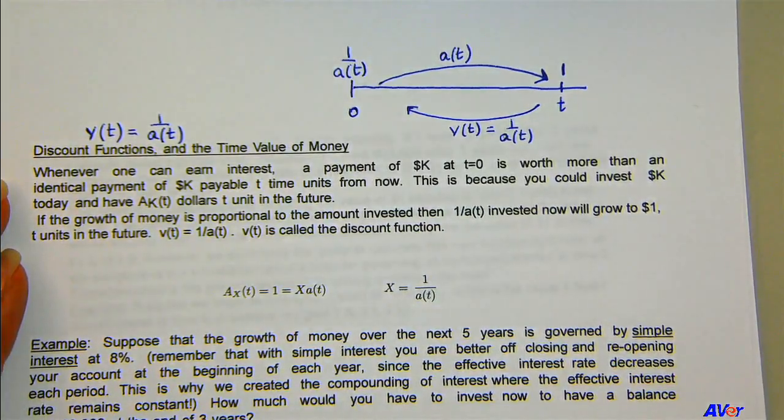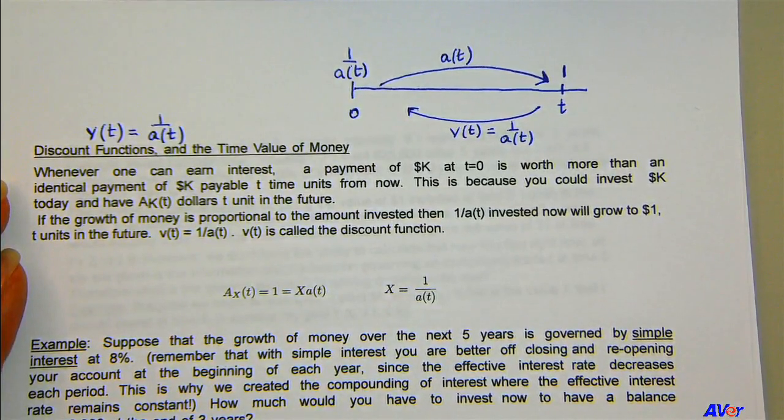Follow me? What that allows you to do is take $1 at time t, and when you multiply that dollar by v of t, it will tell you what that is worth today. So it's the opposite process of a of t. A of t takes $1 now and tells you what it has grown to at time t.